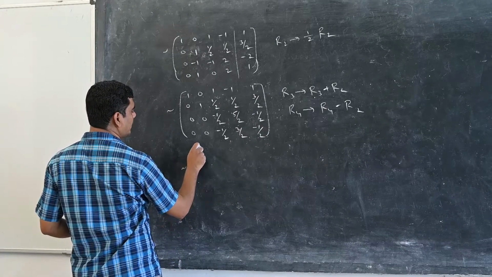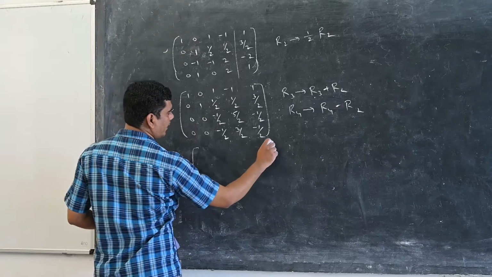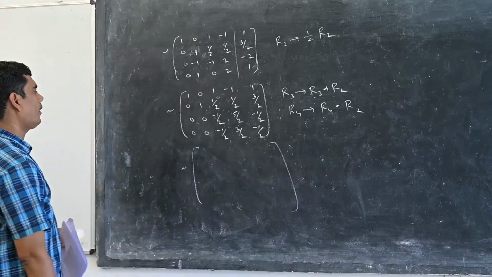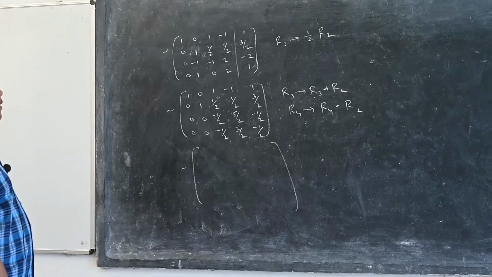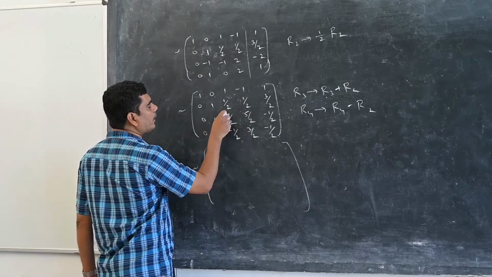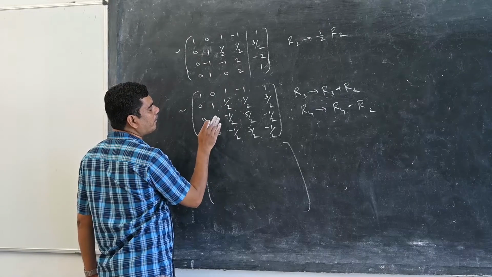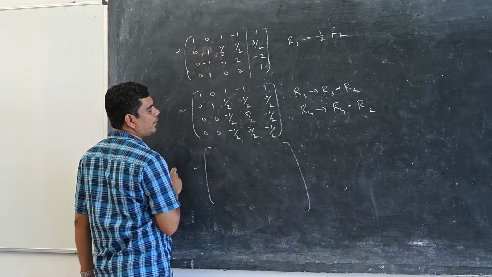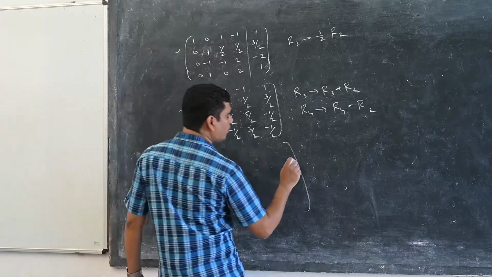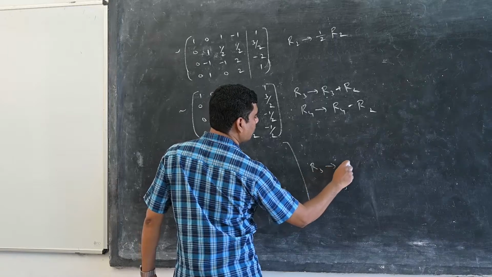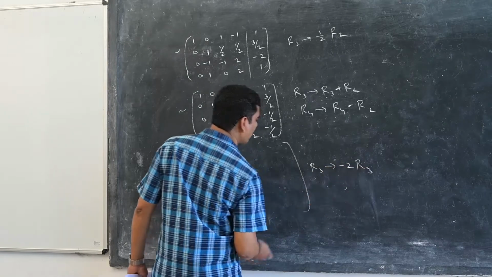Now we come to the third row; make the first non-zero element 1. So make this minus 1 by 2 into 1. For that we do the row operation R3 goes into minus 2 R3.